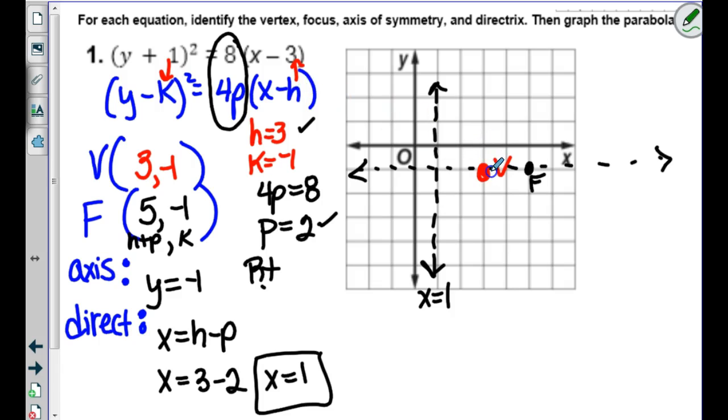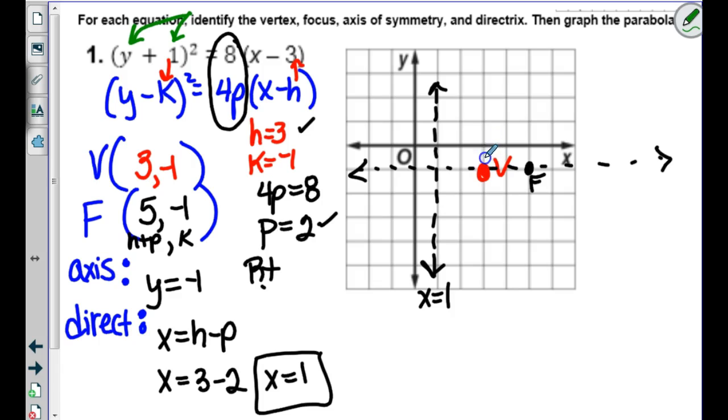So what I want to do is pick a point, at least 1 unit off the vertex. Now, you're going to want to pick whichever one is squared to put it in here. So the y value down here was -1. So let's just put in 0. That's 1 unit off the vertex, right?